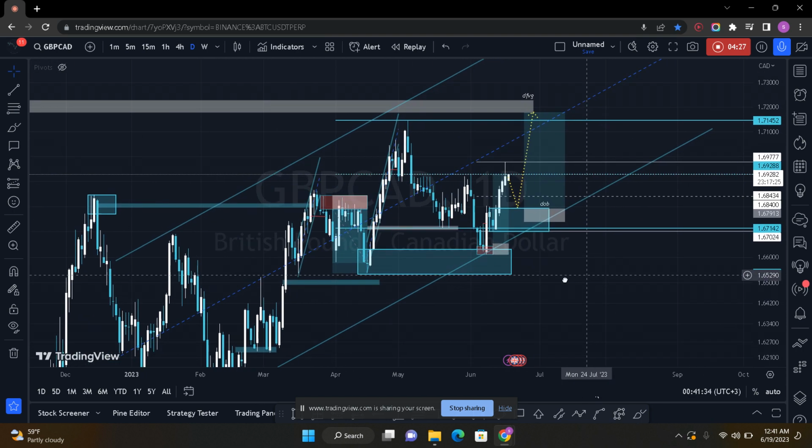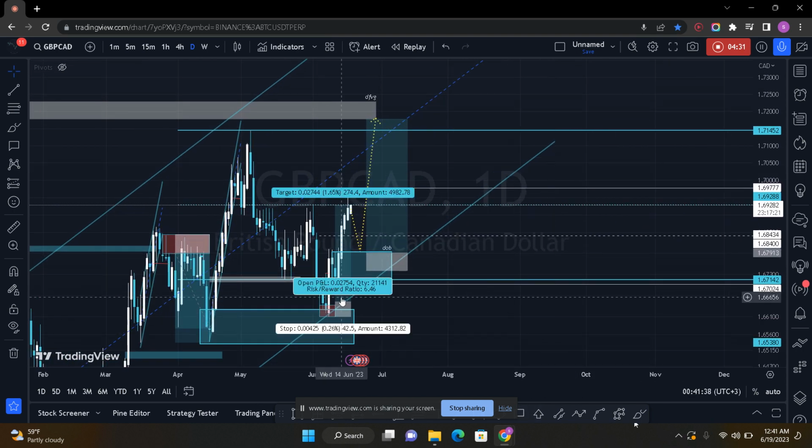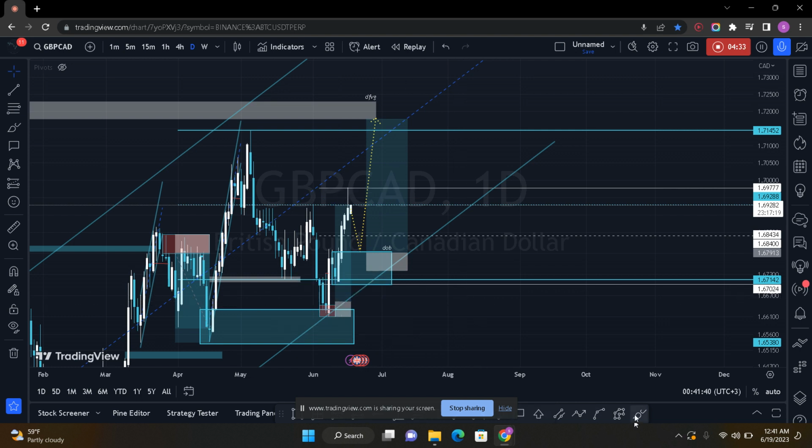Before we go ahead, let me highlight this as the previous week's high. This is the previous week's low, and this is the previous week's mid-range.